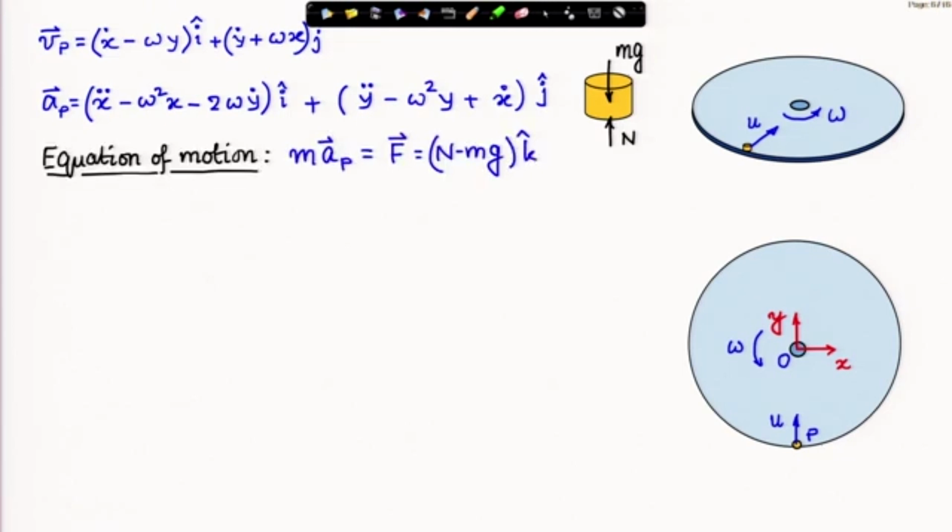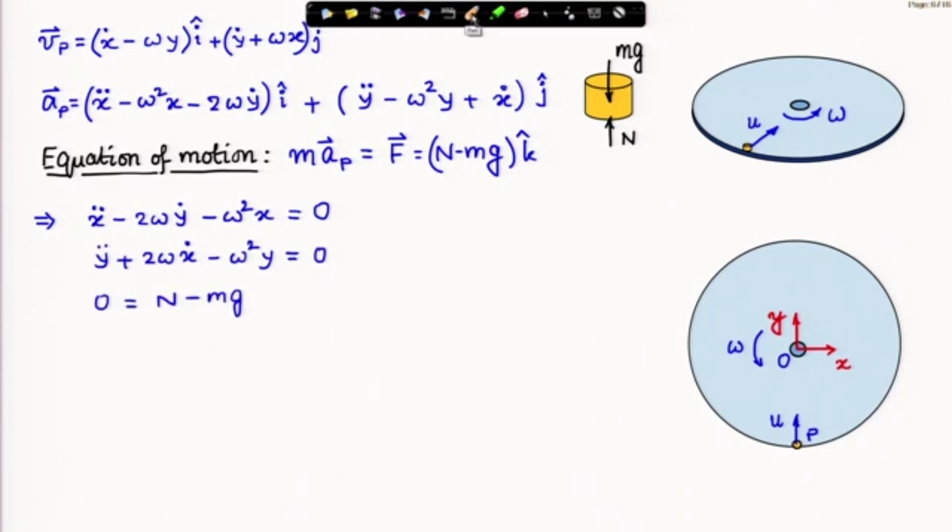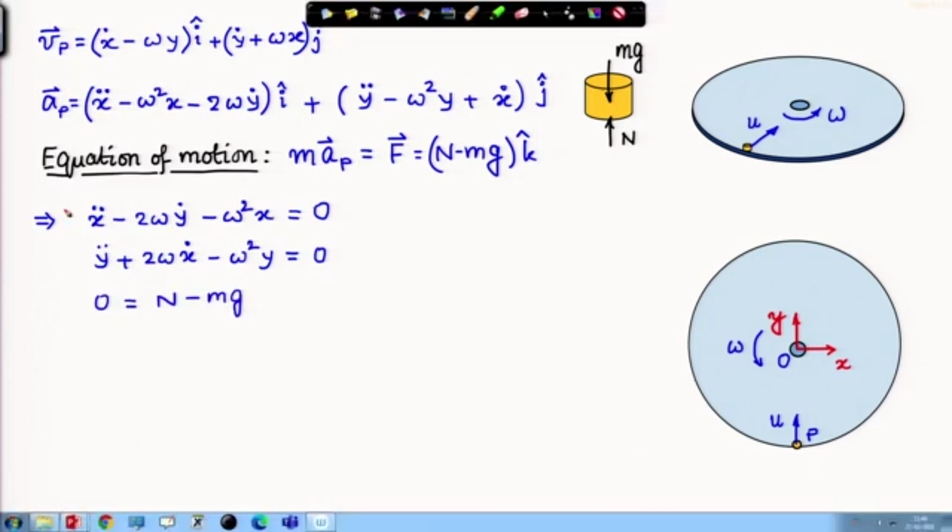Mass times acceleration of the particle is equal to the net force acting on the particle, which is simply the weight and the normal reaction. Now, look at the components: the i cap component, j cap component and k cap component.